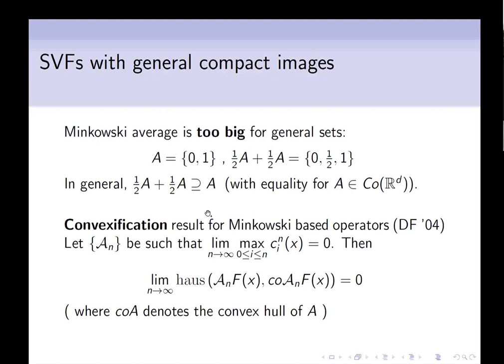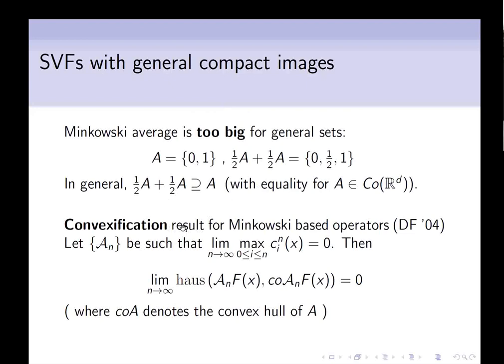It was noticed by, for example, Vitale in '78 that Bernstein operators adapted by Minkowski linear combinations don't approximate set-valued functions with general images. A certain convexification phenomenon occurs.